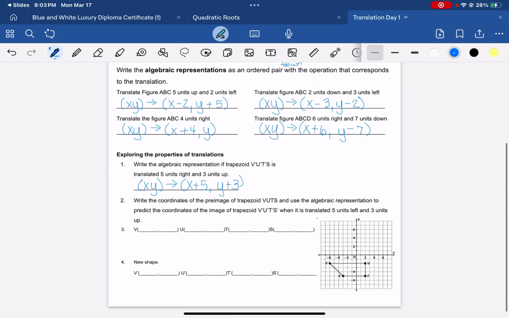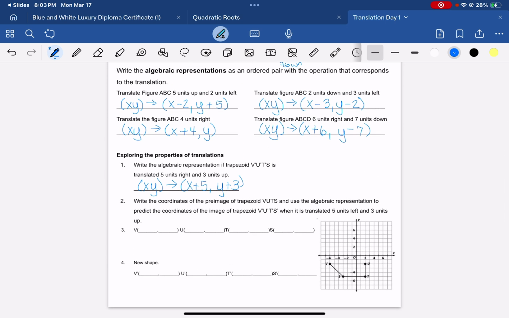Now they're changing a whole set of ordered pairs. They're moving a shape. Okay? So now we're going to apply that rule. So my first point, and I'm going to just start with the V. Here's my first point, okay? So that would be -6, -2. Let's go get our points. My U, well, that one is 2 and -2.